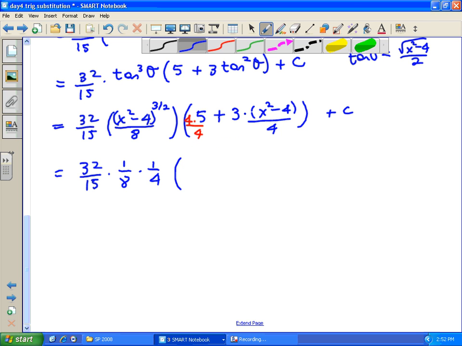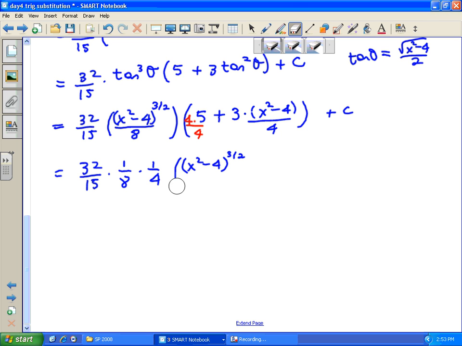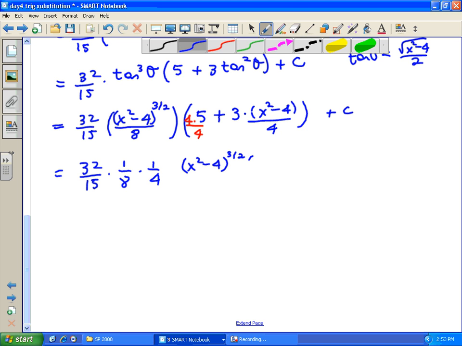So that leaves me with an x squared minus 4 to the 3/2. And inside the last set of parentheses, remember 1/4 was taken out from those two terms, so we're left with 5 plus 3x squared minus 12.